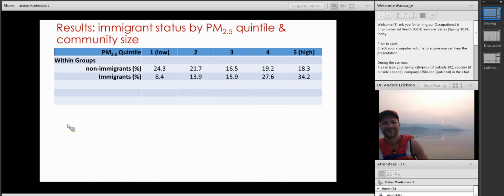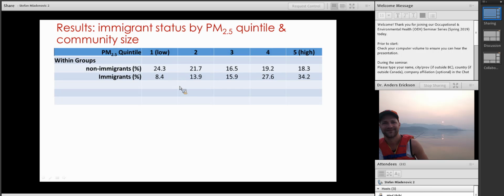The next bunch of slides are some descriptive stats within and between some of the groups. Here, within groups, we have non-immigrants, with PM quintile across the top.